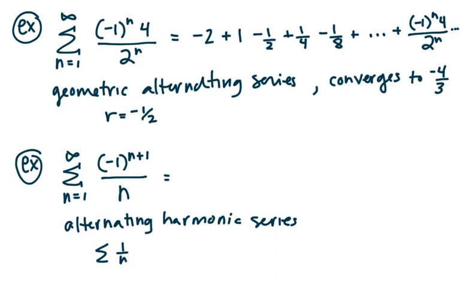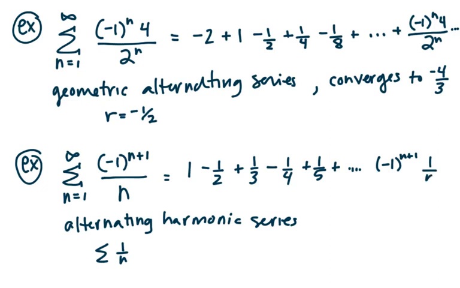So if we look at what these terms do, we have 1 minus 1/2 plus 1/3 minus 1/4 plus 1/5, and then we would be adding some -1 to the n plus 1 of that 1 over n. And again, those terms can continue. So what we want to remember is that the harmonic series, the regular harmonic series, is divergent.